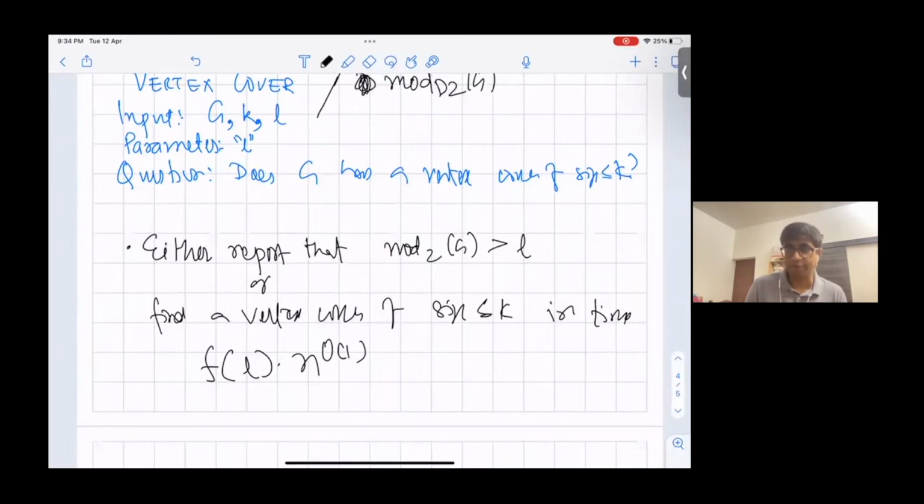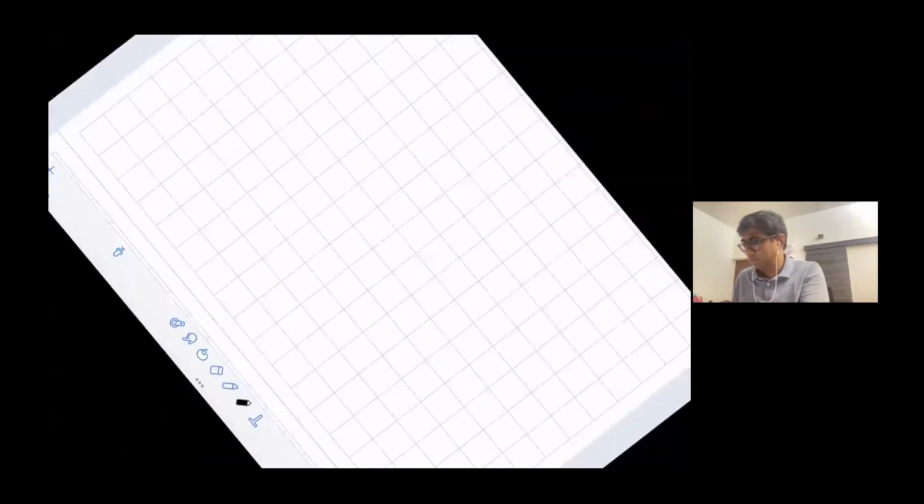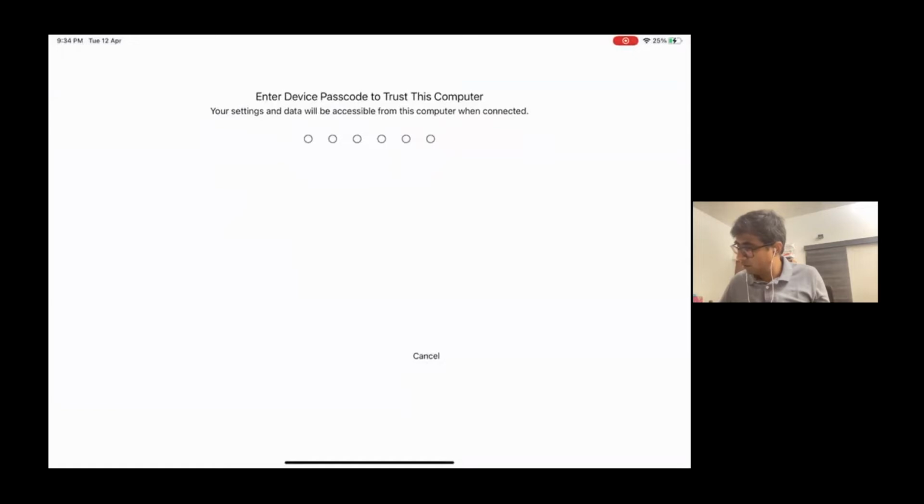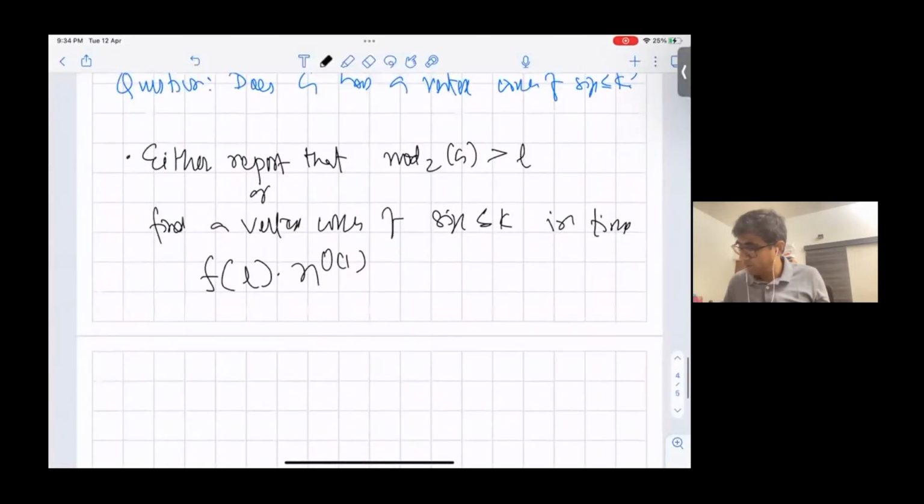If I give you an f of L times polynomial time algorithm that decides whether it has a vertex cover of size at most k or not, then you can put L equal to 1 and keep changing k. Is this fine?